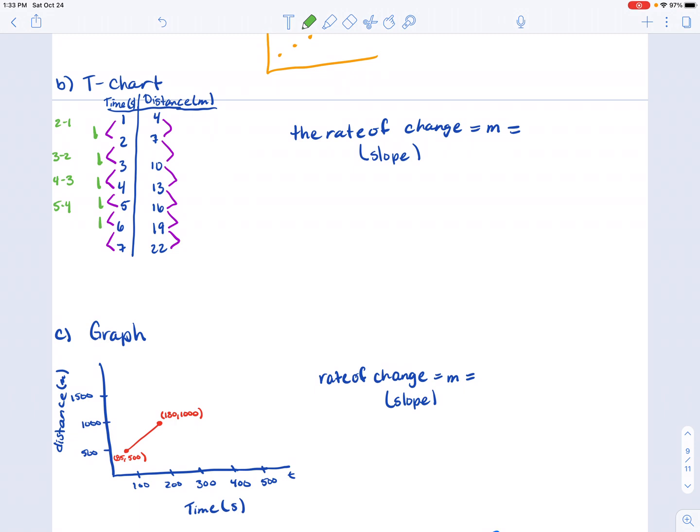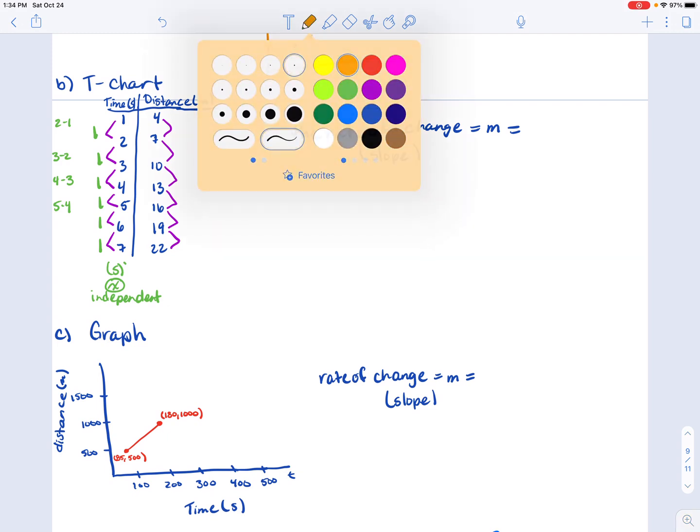If I keep going, 6 minus 5, 7 minus 6, for my x's, or my s's in this case, which is still my x values or my independence, the answer is 1.